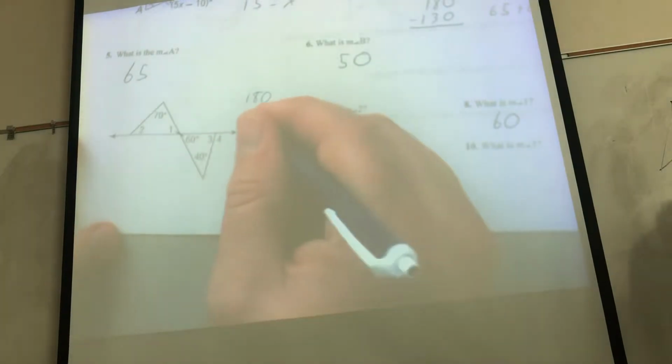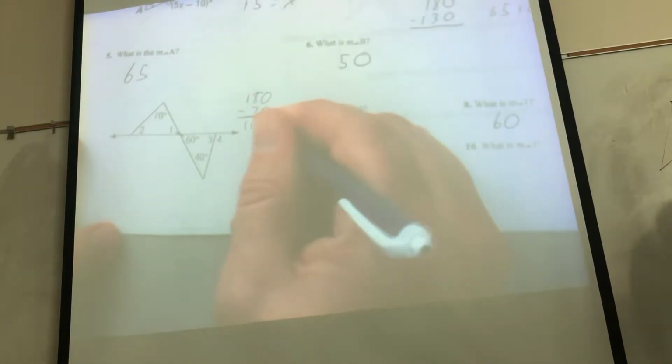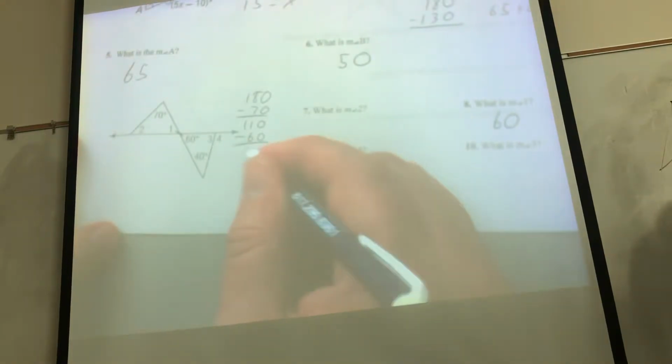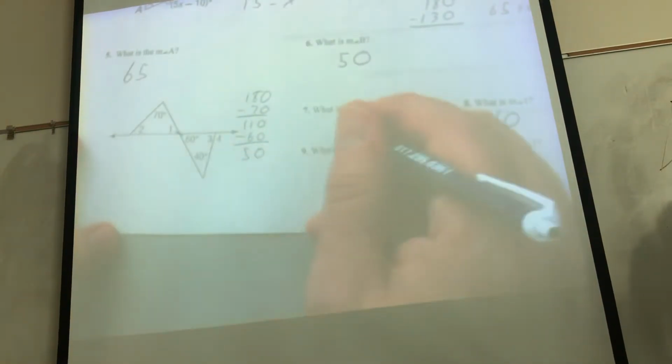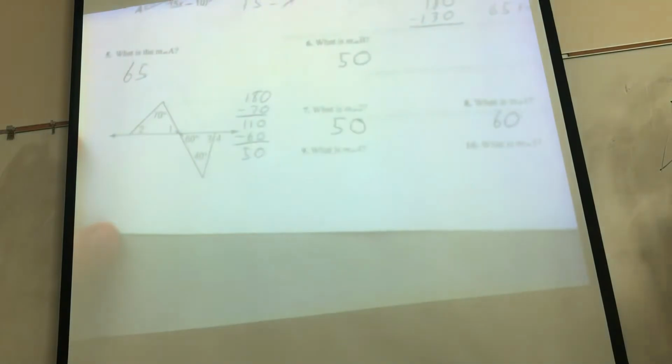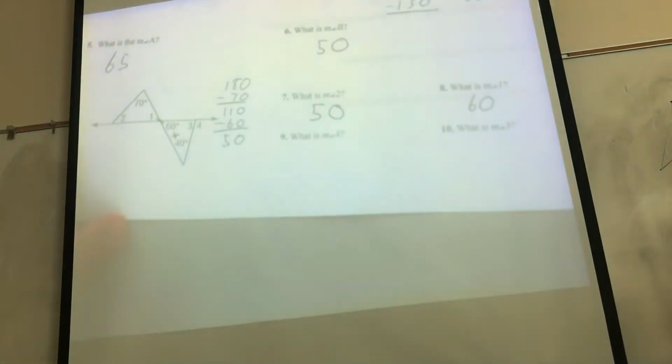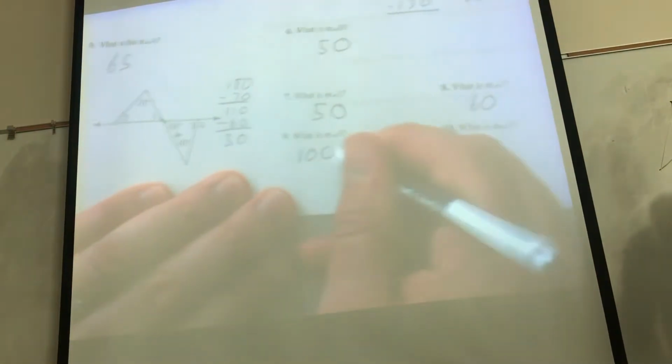So 180 minus 70 is 110. Then we subtract the 60 for angle 1 here, and we get 50 left over. That means angle 2 is 50. The measure of angle 4 is the same as these two angles added together because 4 is that exterior angle. 60 and 40 makes 100.